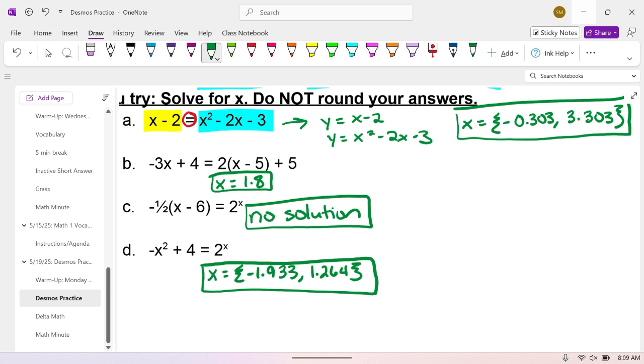All right. Riley M, help her out. What'd you get for letter B? All right, I'll come back to you. Riley E, what'd you get for letter B? Right, x equals 1.8. So there was only 1 point of intersect, so that would have been the answer.